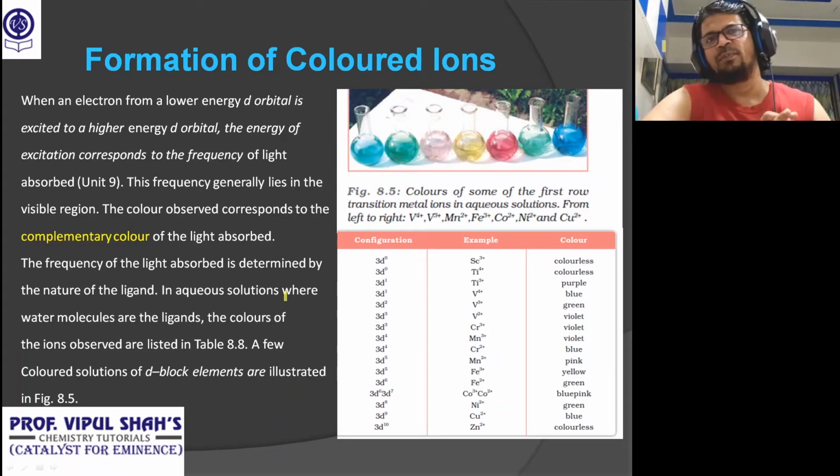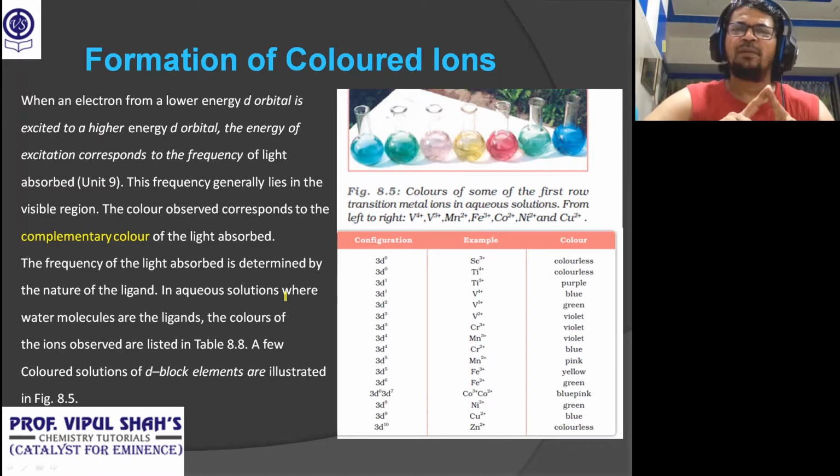For example, take copper, Cu2 plus. We all know cupric ions are bluish green in color. Copper sulfate, any compound you observe, is bluish green. What's the logic? In copper sulfate, copper is in plus 2. Copper was argon 4s1 3d10, so one from 4s and one from 3d go. So its cupric ion configuration is argon 3d9, which has one unpaired electron.